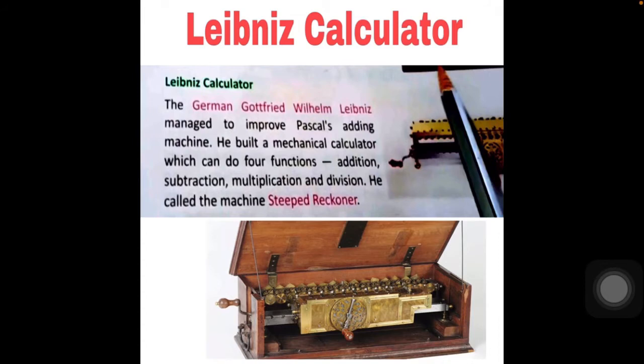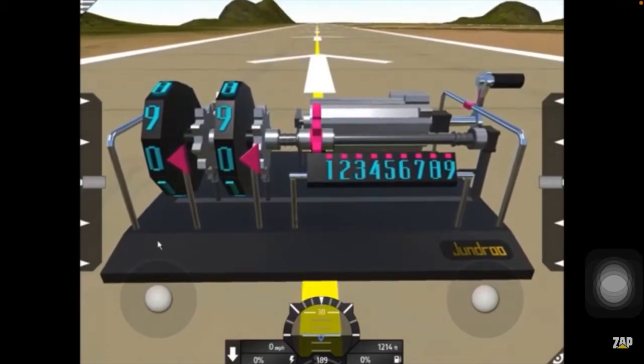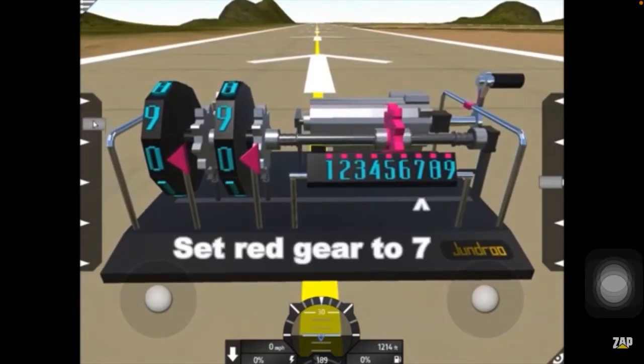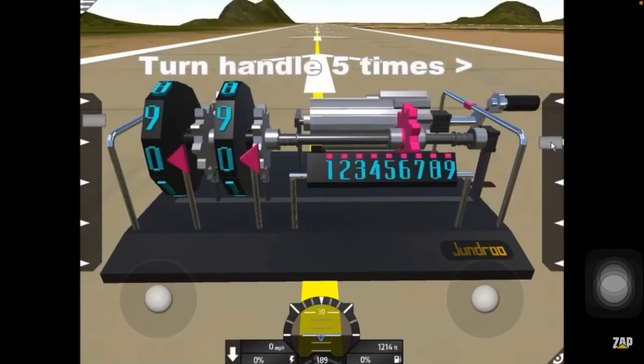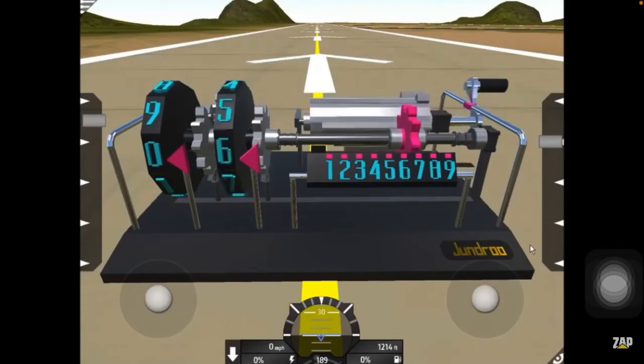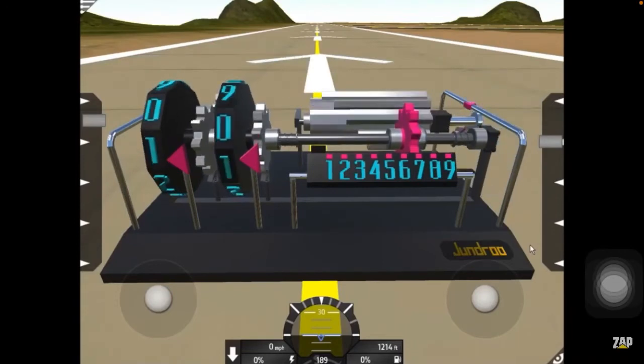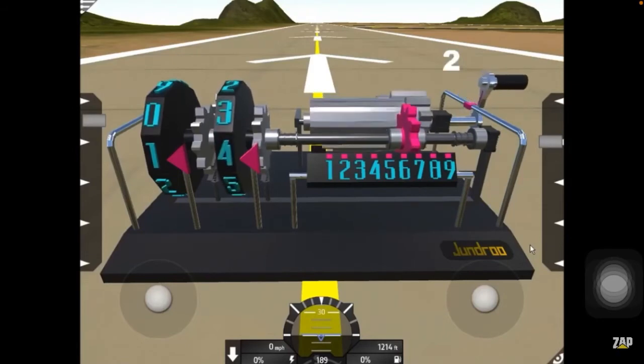So now I will show you how this Leibniz calculator works. Here is the working method of the Leibniz calculator. Let's see. If we want to calculate 7 into 5, first we set the red gear to 7. After setting the red gear on 7, we rotate the handle how many times? 5 times, because we want to multiply 7 into 5.